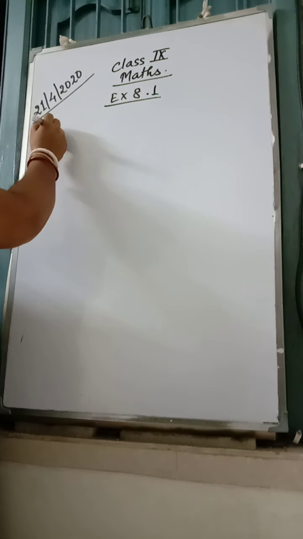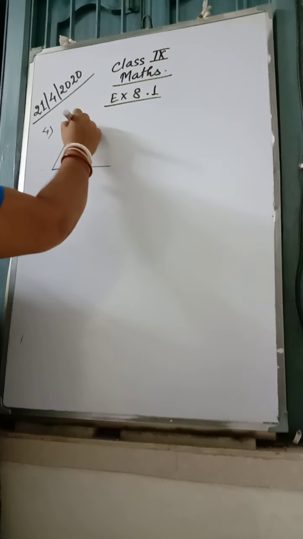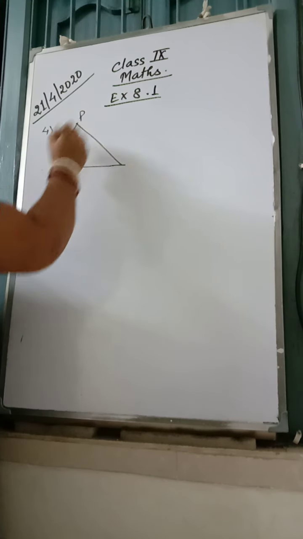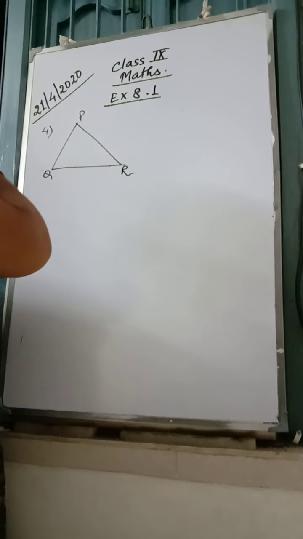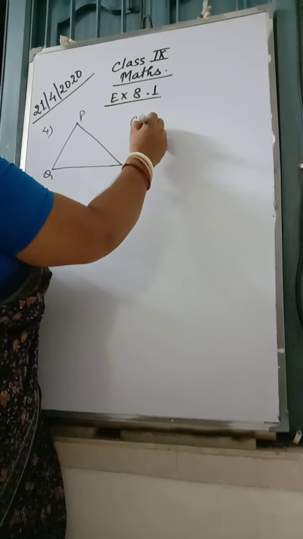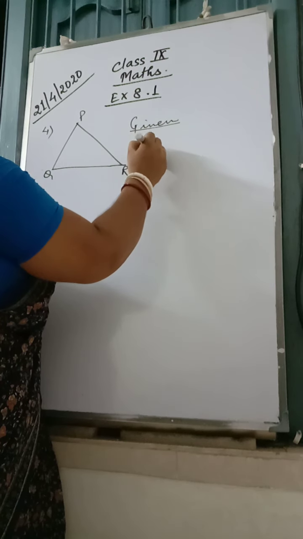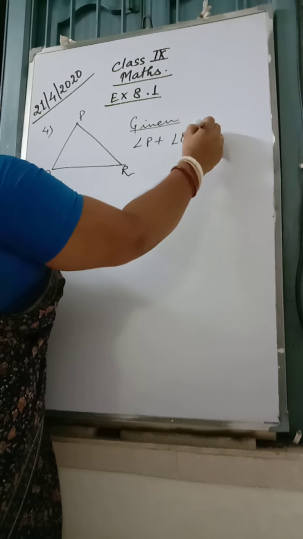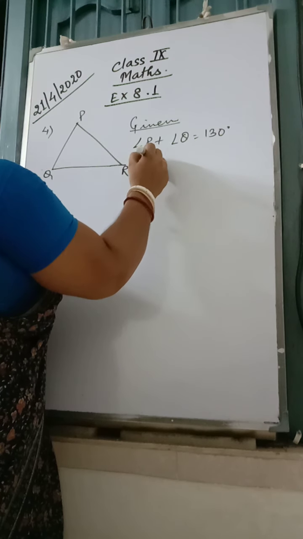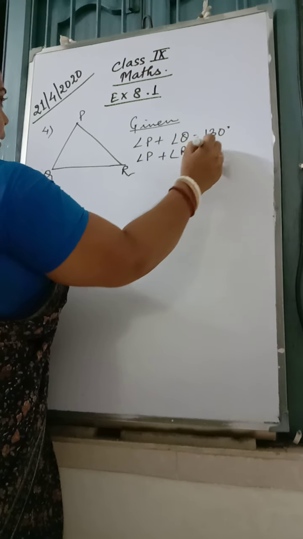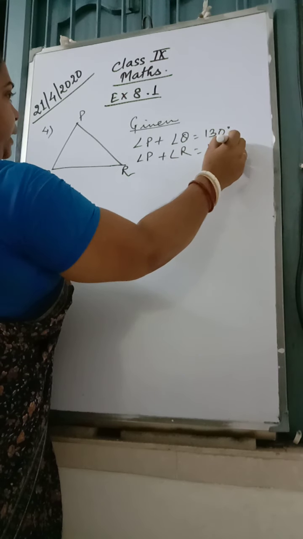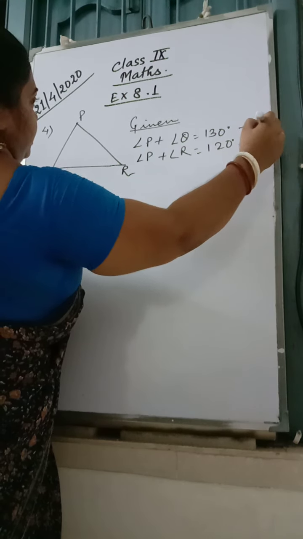It says, in a triangle PQR, angle P plus angle Q is equal to 130 degree, and angle P plus angle R is equal to 120 degree. This is number 2, this is number 1.